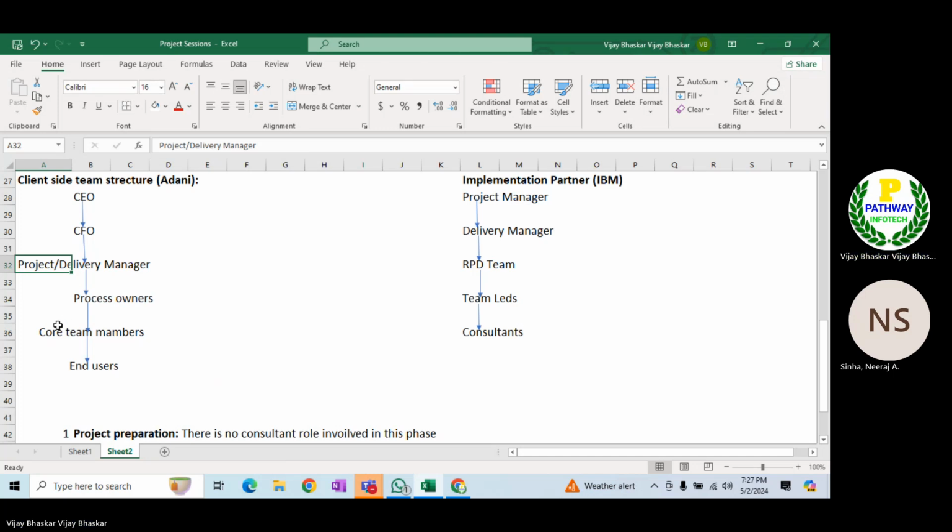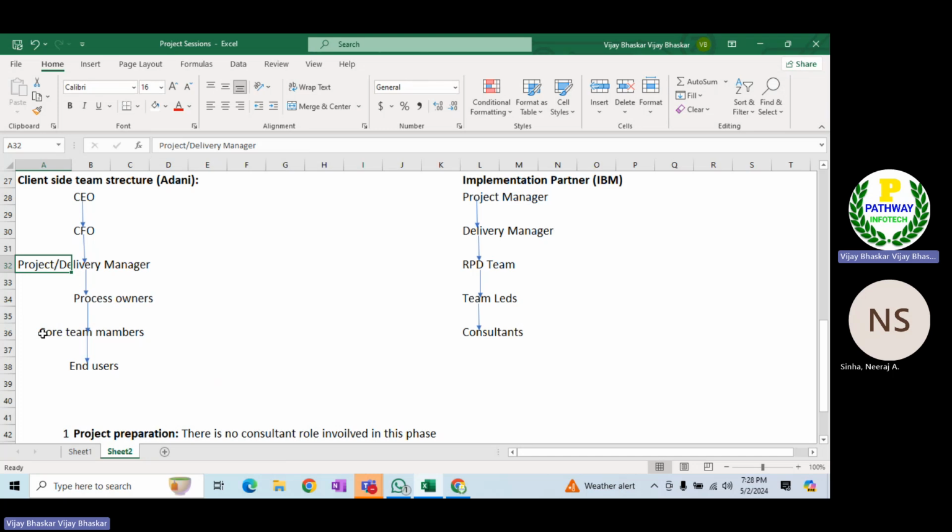Now coming to the core team members. Under process owners, core team members will be there. Core team members play a vital role in the implementation project, because they are also process experts who know the end-to-end business process.